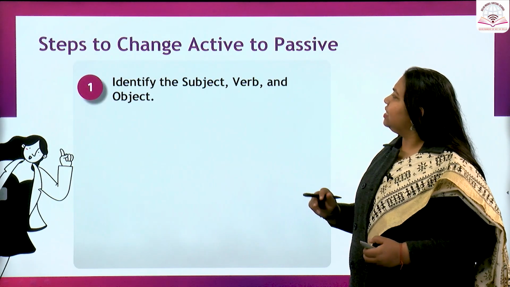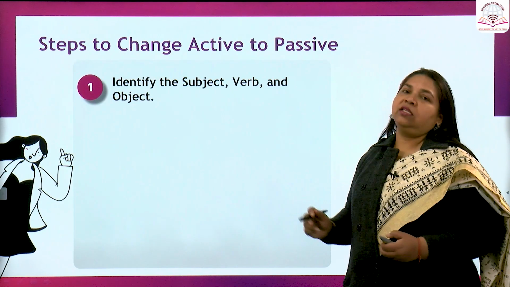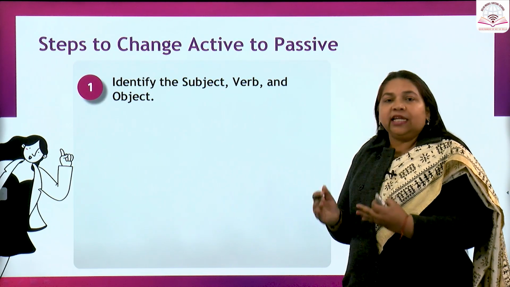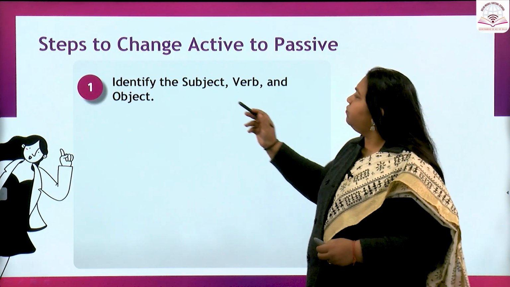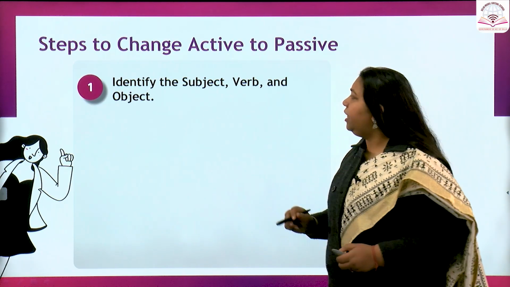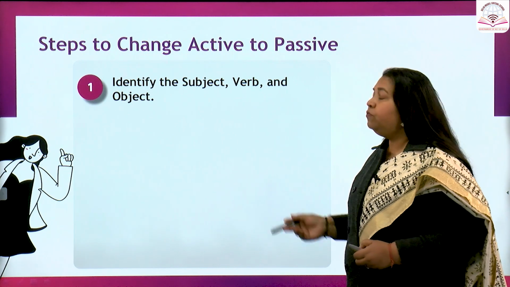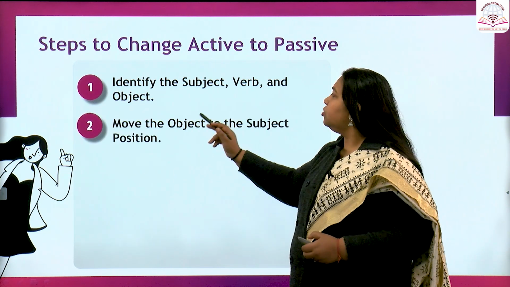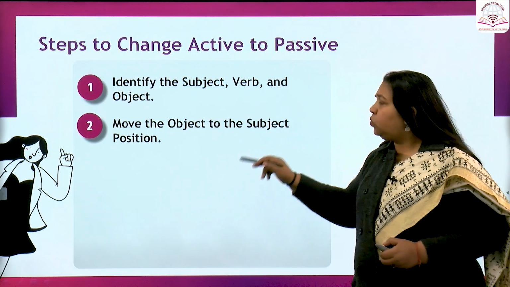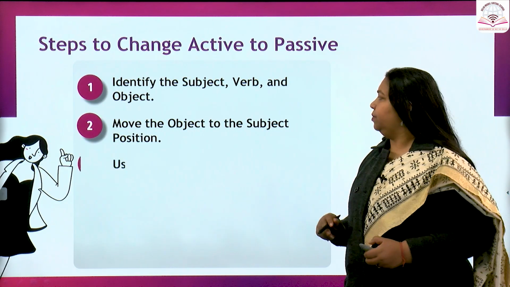Now let's start the rules for changing a sentence from active to passive. So the first step is to identify the subject, verb and object. Next step is to move the object to the subject position.